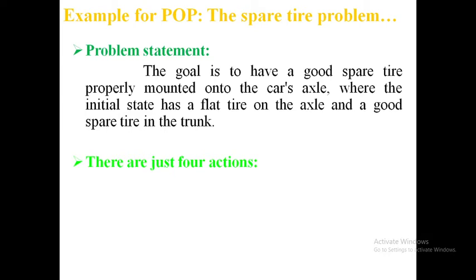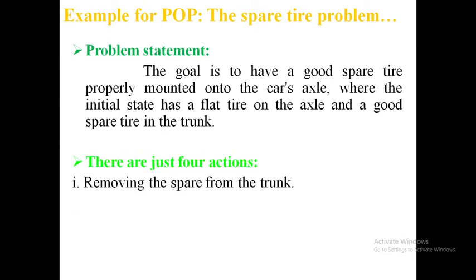So these are the three things we have to do, and we have to maintain the order also. What is the order? Either we can start removing the spare tire from the trunk, or we can start removing the flat tire from the axle. So we can start with anything.